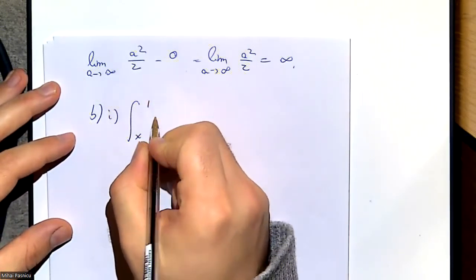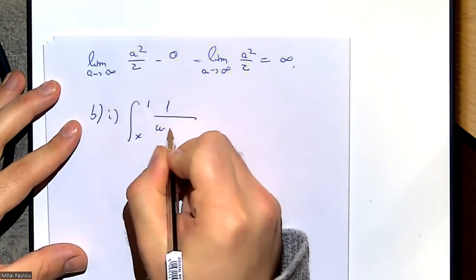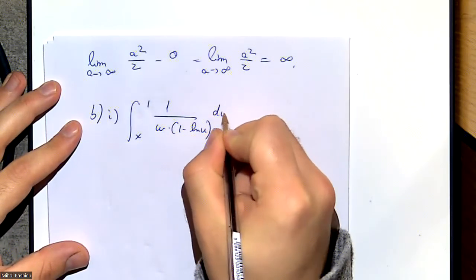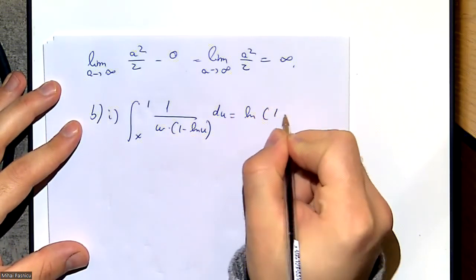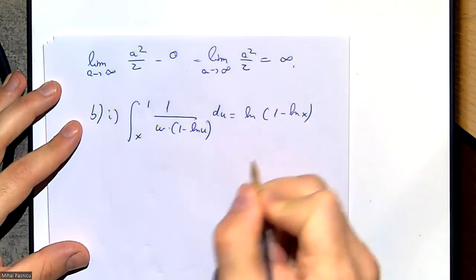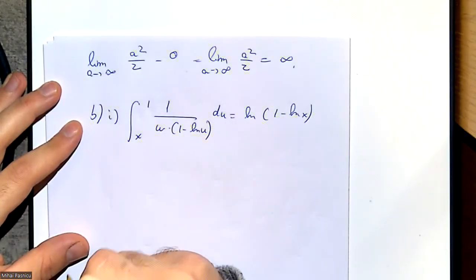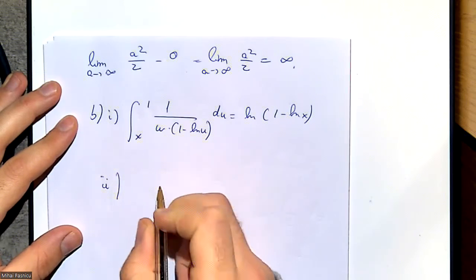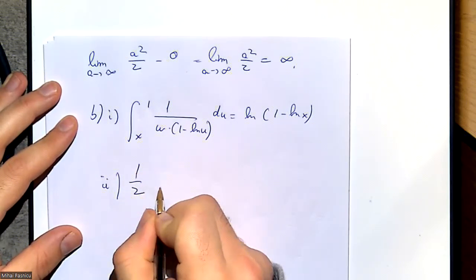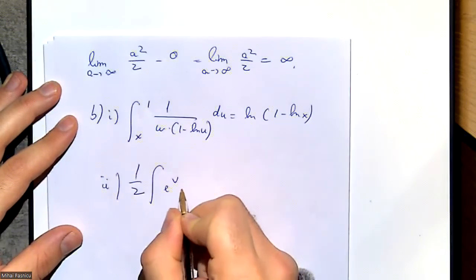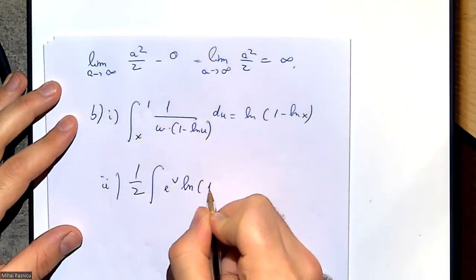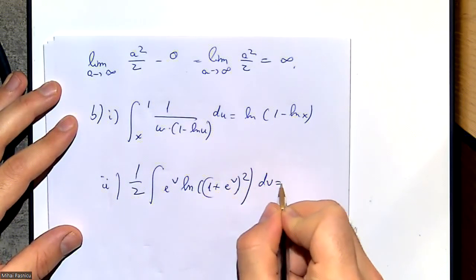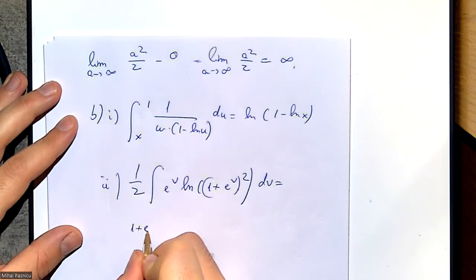The integral from x to 1 of ln of u over u du is equal to ln 1 minus ln of x. Okay, and then the second part would be this thing. This is easy.